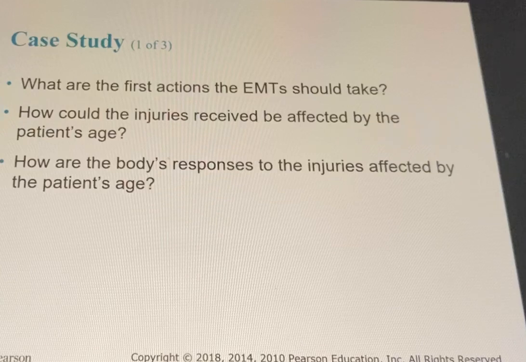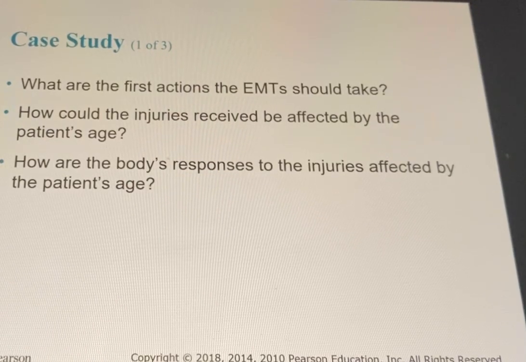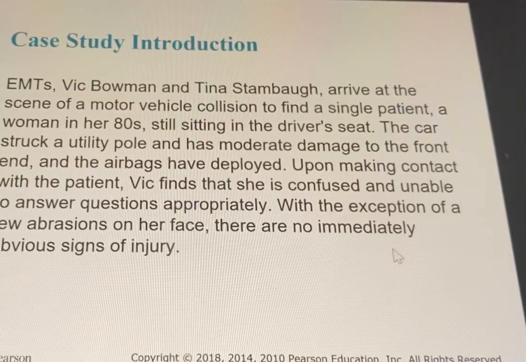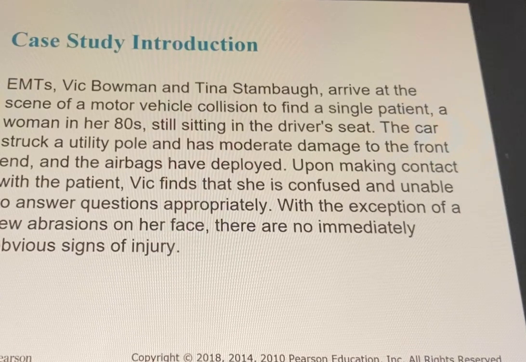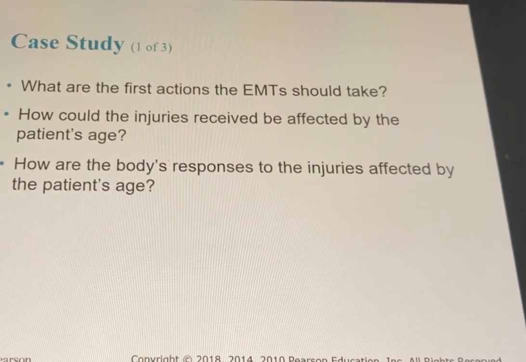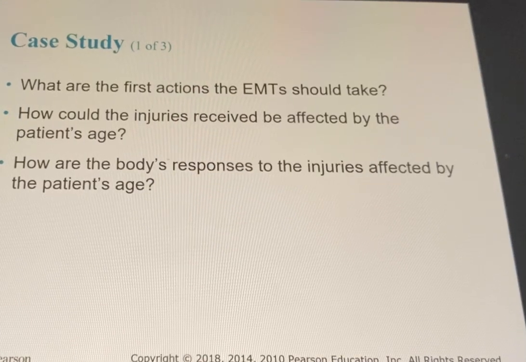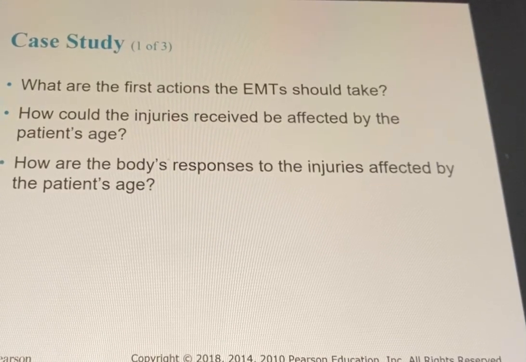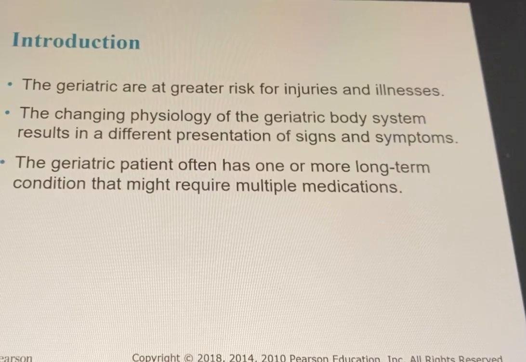Was she able to answer questions before she had the wreck? Does she have a history of dementia? Or was she not able to answer questions because of something that happened during the wreck? These are all things we need to think about. And what are some of the body's responses to injuries affected by the patient's age?